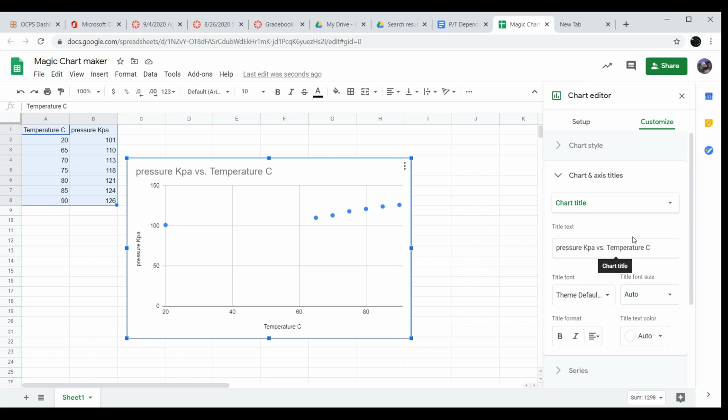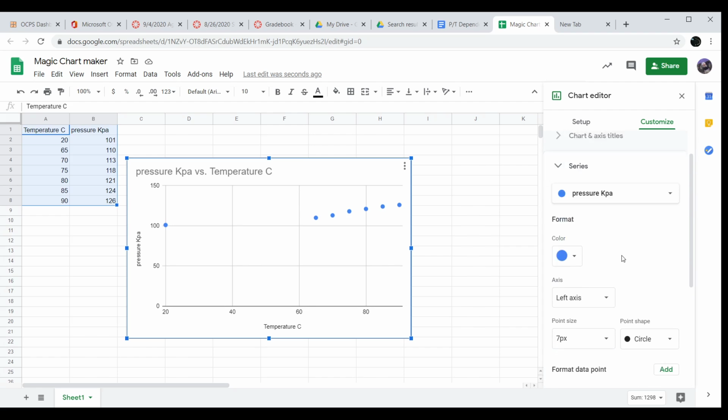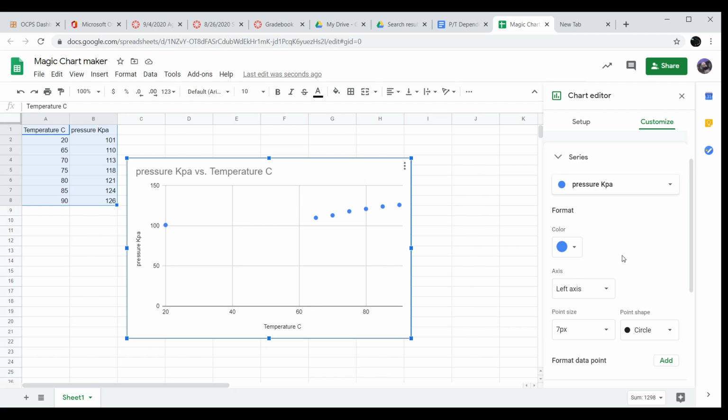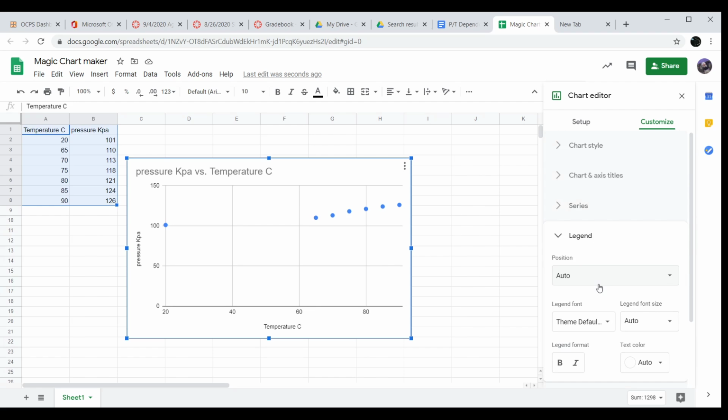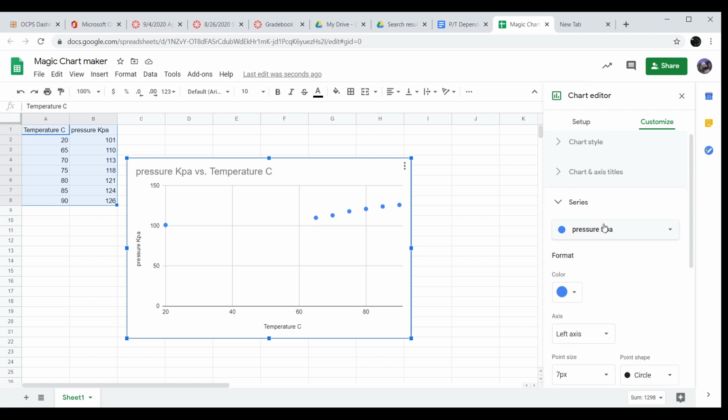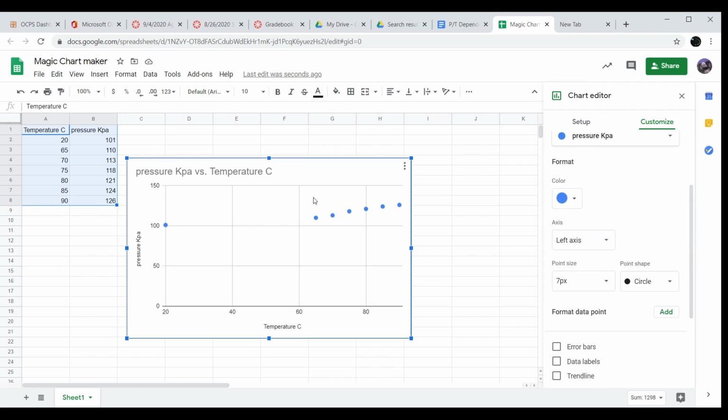So first we're going to customize, and I believe it's series first. For series, we're first going to customize our dots.